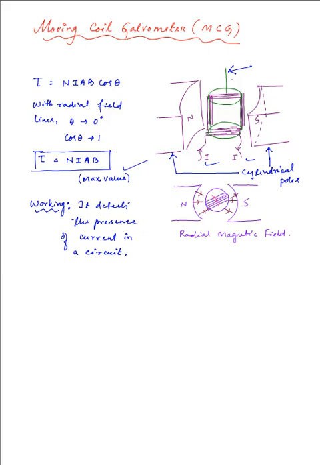After showing the deflection, on removing the current from the circuit, the galvanometer is brought back to its initial point, where a restoring torque acts on it, which is some constant times the angle through which it would have rotated.